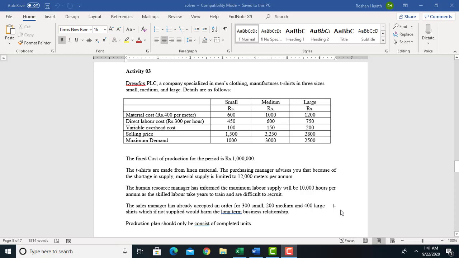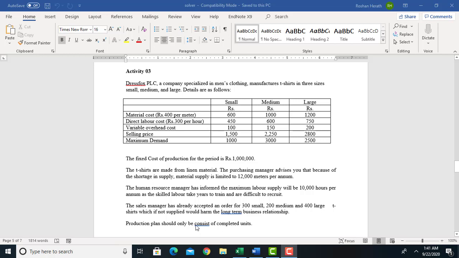The sales manager has already accepted an order for 300 small, 200 medium, and 400 large t-shirts, which if not supplied would harm the long-term business relationship. So here it talks about the minimum production requirement, and that is also another constraint.